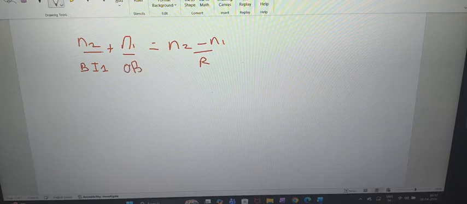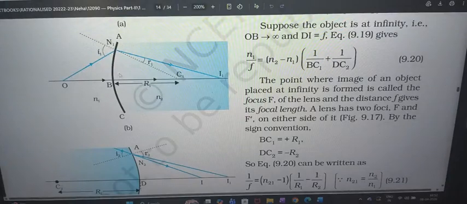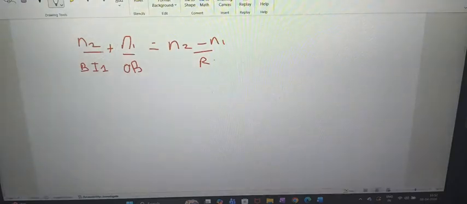Radius of curvature in this case would be BC1. So we can simply write BC1 in this scenario, and it is positive because it's towards the right. Now this is one scenario that we have got over here.